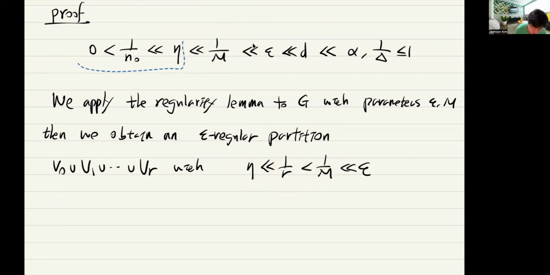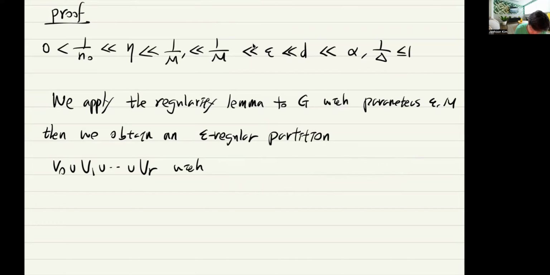If you want to do it more formally, you can take an M prime here, and you can find a partition with R being at least M and at most M prime. So that's what you can do in the regularity lemma. In that case, this has the same effect.